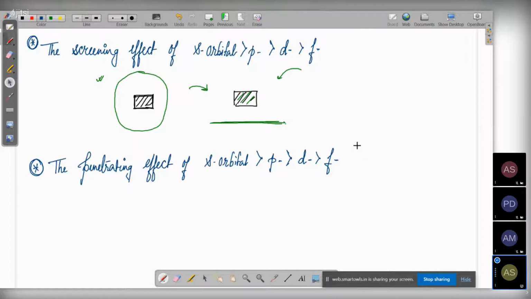The penetrating effect of S orbital is greater than P orbital, greater than D, finally greater than F. So why is it so?